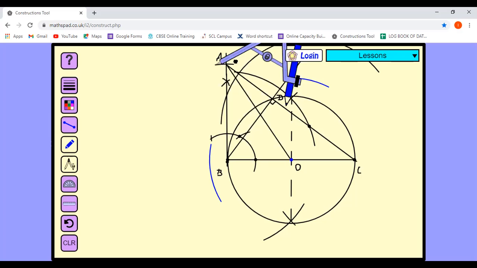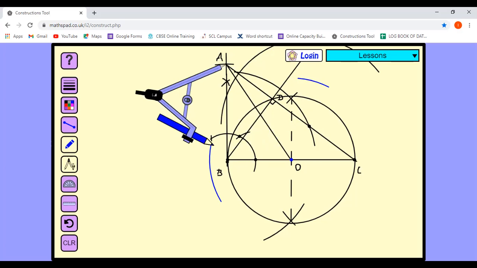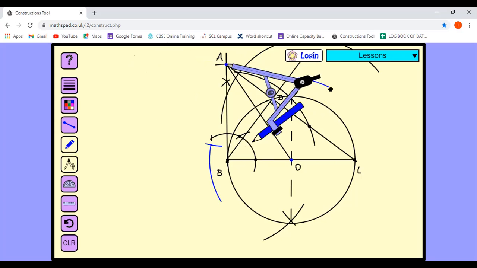Now same way with A, we are going to cut the previous one over here and here.